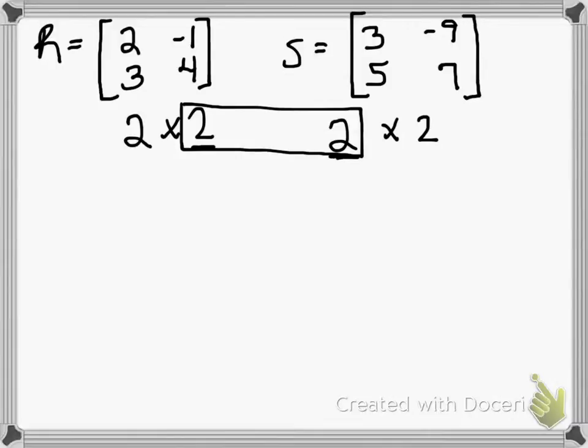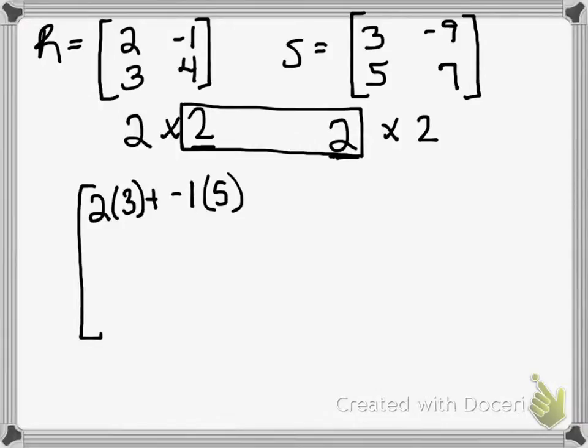When I multiply matrices, I do row by column. So for this first spot, I'm going to take this 2 and multiply it by the corresponding element, which is 3. Now I'm going to add that to -1 times 5.